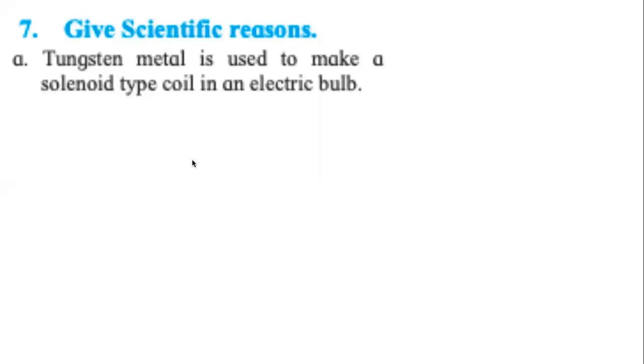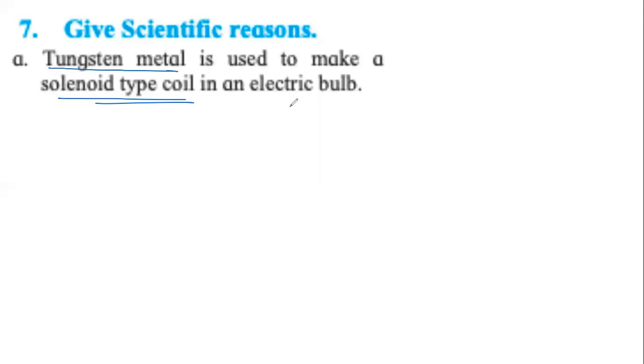As we said, there are two parts to this question. One is about the material, why tungsten? And the second one is about coil, why this shape? So our answer has to include reasons for these two things.